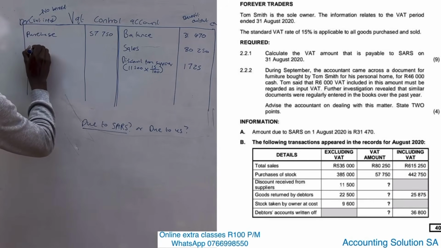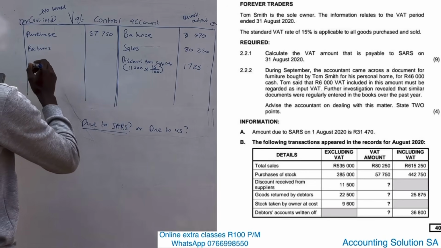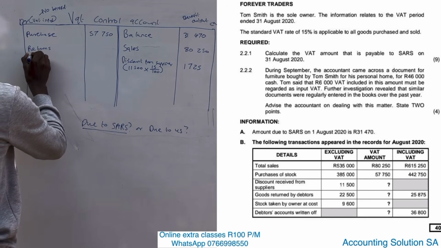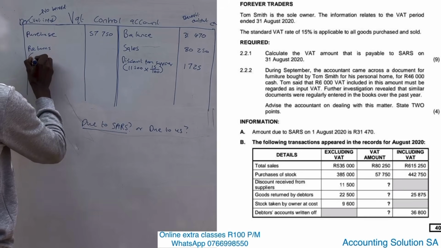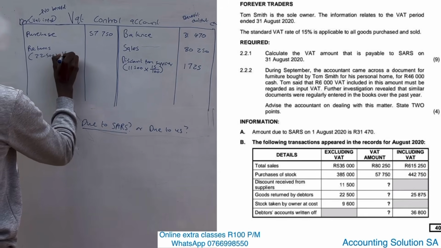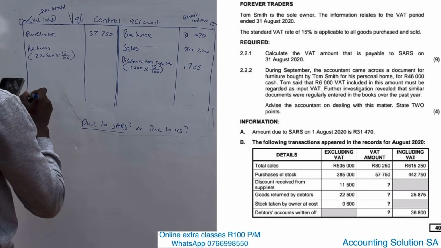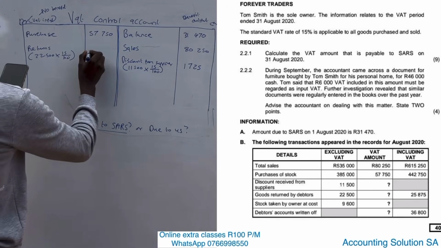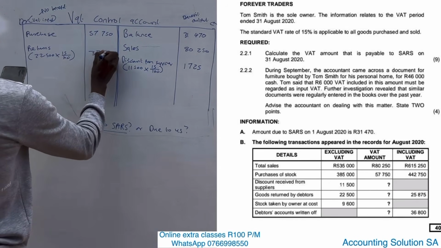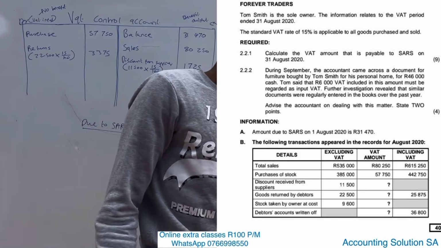A return. Okay, and we need to calculate, because we have input, the amount that we have is 22,500, which we must multiply by 15 over 100, and it's going to give us an amount of 3,375.